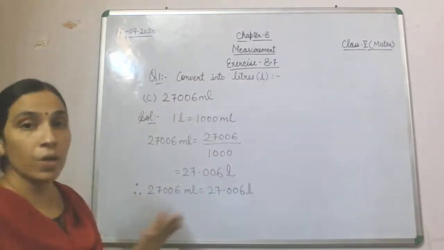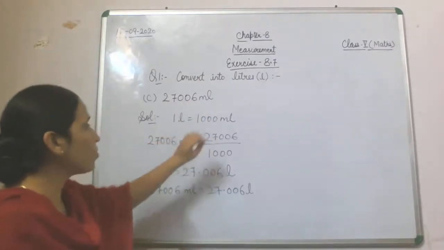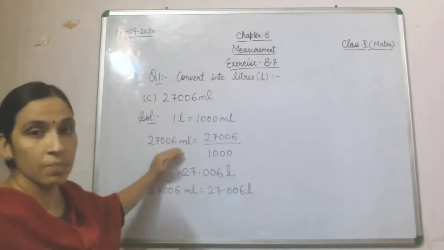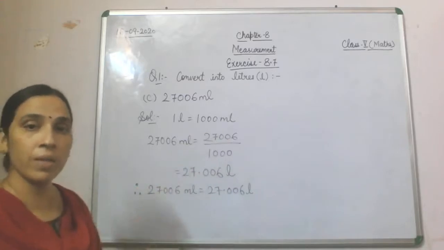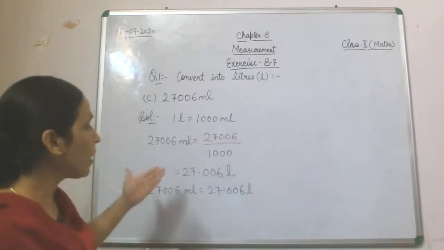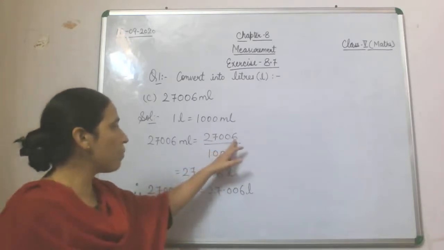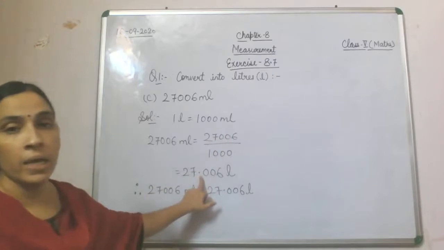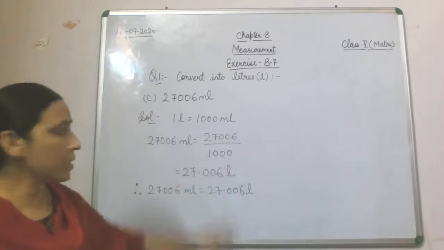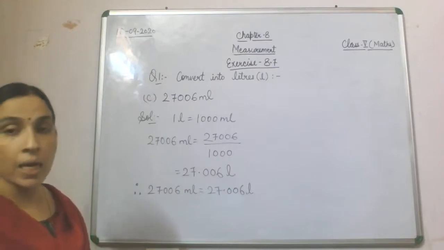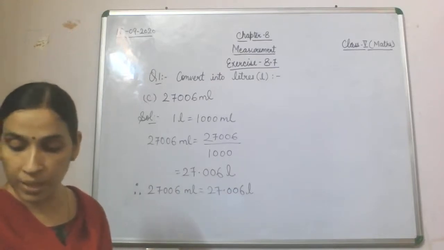We all are aware that 1 liter is equal to 1000 milliliter. So this 27,006 milliliter will be divided by 1000. Dividing by 1000 means you require 3 decimal places. We'll count from the back 1, 2, 3 and we'll put the decimal over here. And the answer is 27.006 and the unit will be liter.